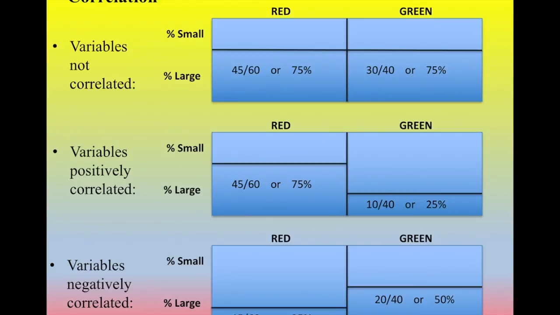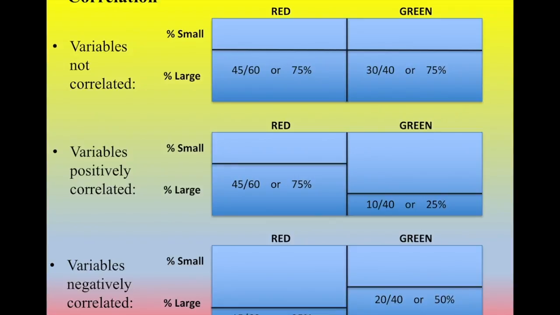By size, this same group of 100 marbles is divisible into 25 small and 75 large. Given those numbers, and assuming probabilities according to proportions, there is a 75% chance of picking a large marble at random from this jar. So regardless of color, there's just a 75% chance of picking a large marble.